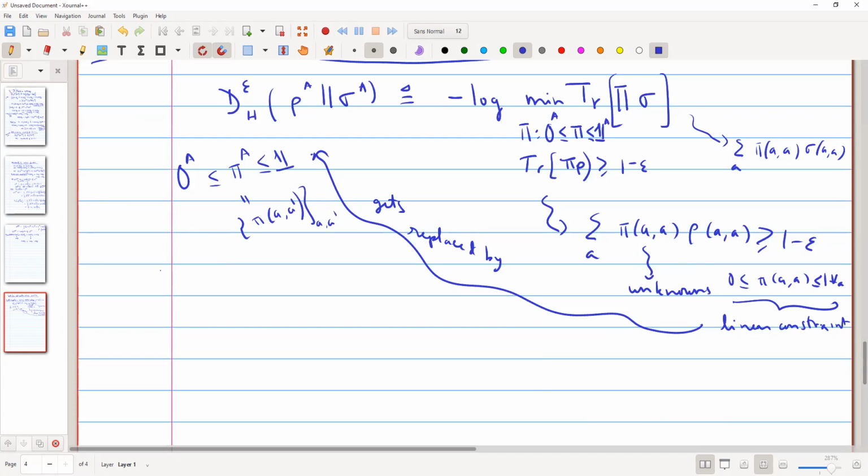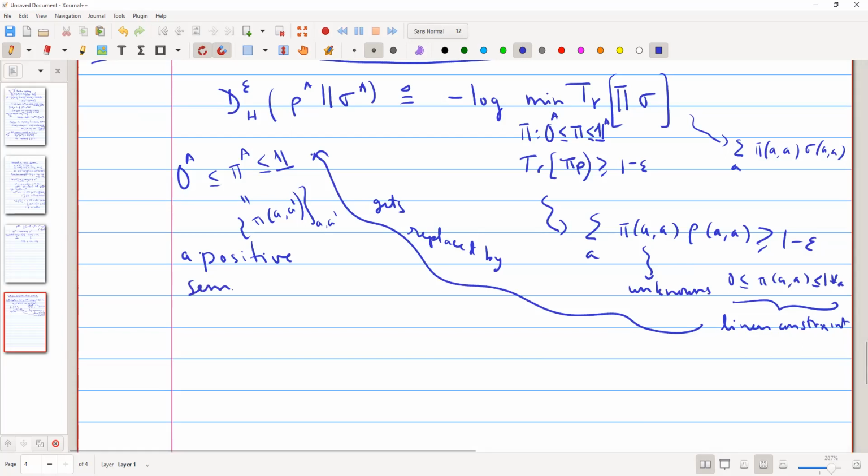So this gets replaced by what is called a positive semi-definite constraint. So this matrix of unknowns has to be a positive semi-definite matrix, and the other inequality says that identity minus the matrix of unknowns also has to be a positive semi-definite matrix. So this is a positive semi-definite constraint. It's no longer a linear constraint, it's a more sophisticated constraint.